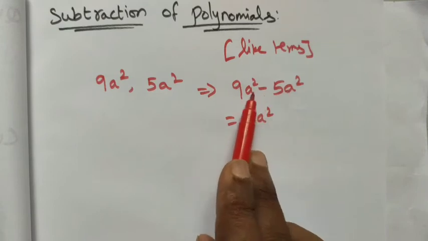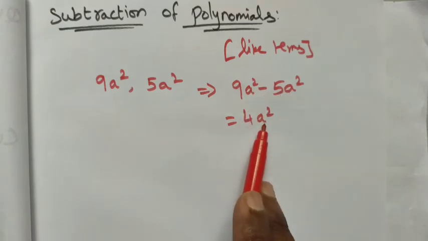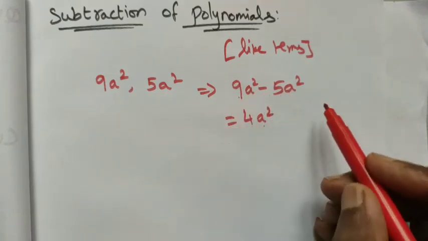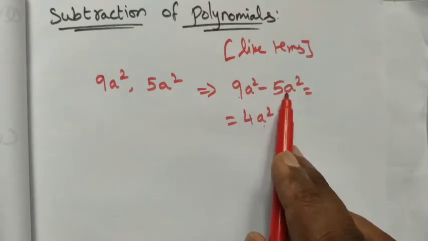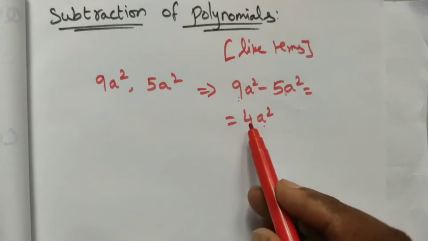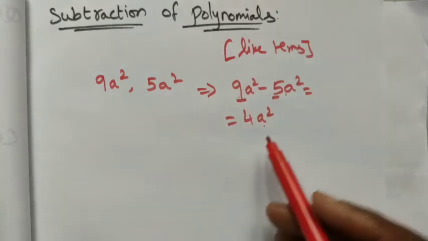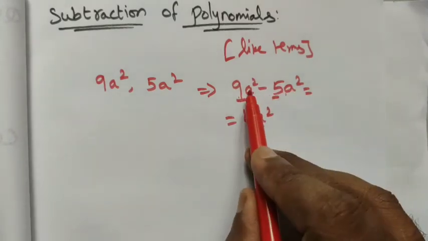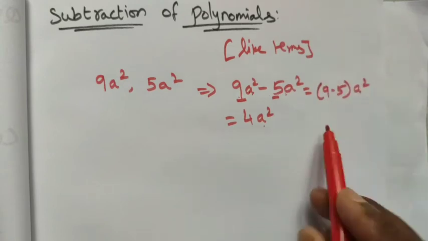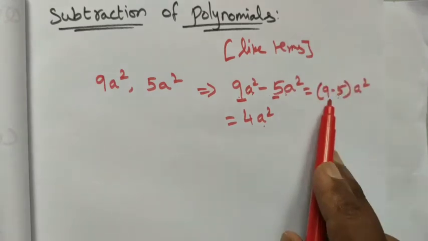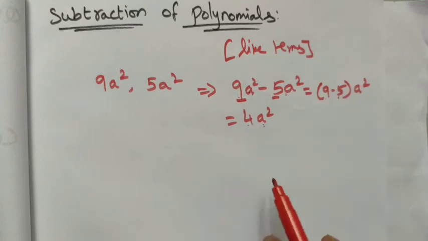Here both have a square, so I take a square, and then 9 minus 5. You should not cancel the variables. You must subtract only the coefficients. Right? If both have the common term, a square will be taken out commonly, so 9 minus 5 is 4, so 4a square.